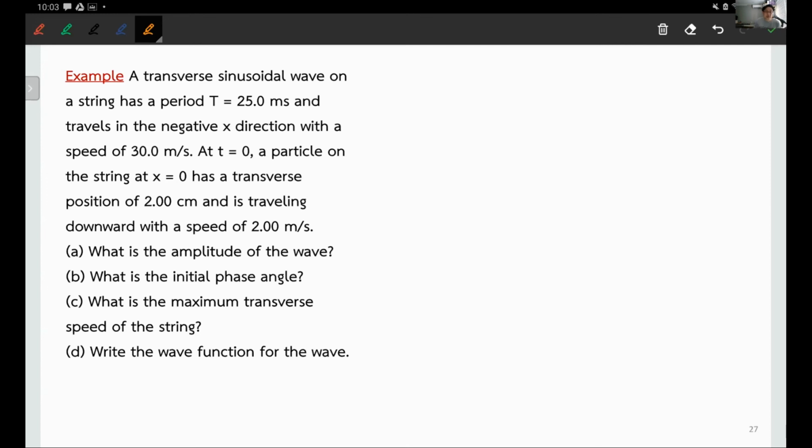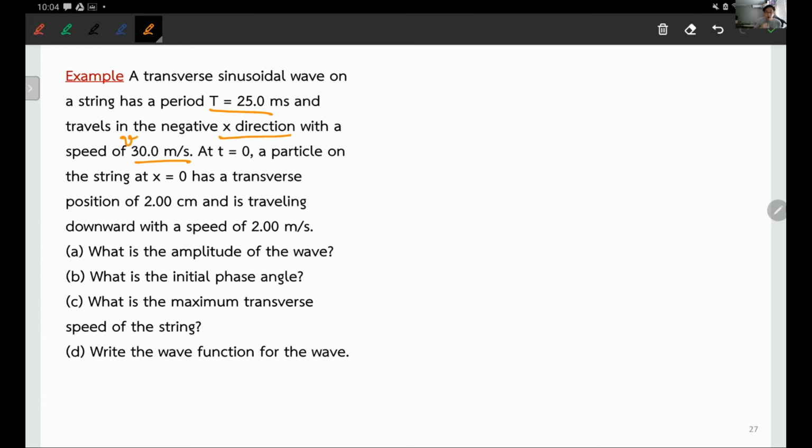A transverse sinusoidal wave on a string has a period of 25 milliseconds. That's given. And it travels in the negative x direction. With the speed of 30 meters per second, that's v already.